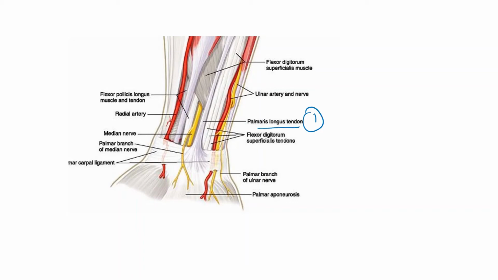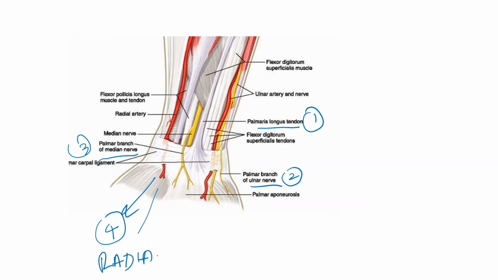Next comes the palmar branch of the ulnar nerve, then the palmar branch of the median nerve. Next is the superficial palmar branch of the radial artery.